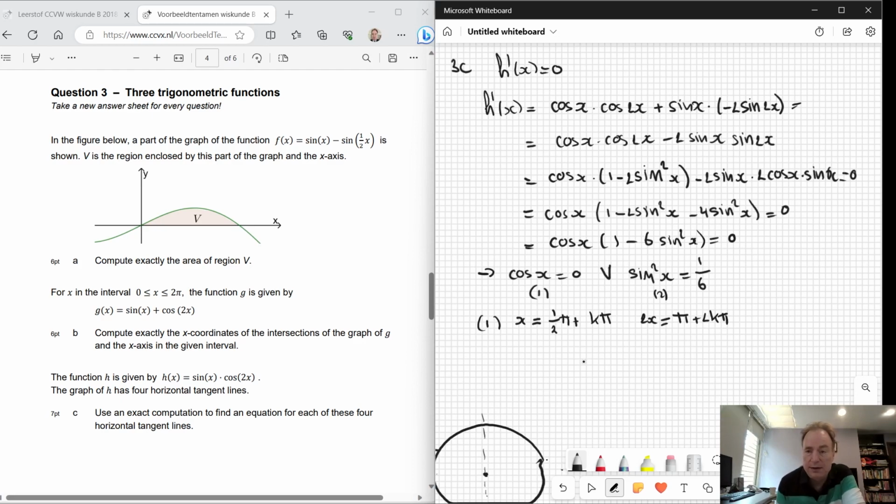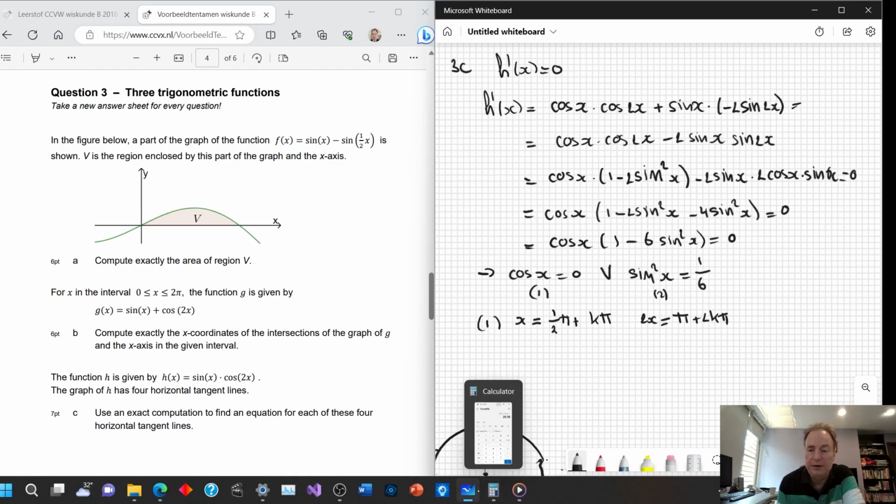And the cosine of 2x, no, I was wrong, your cosine will be -1 for all values of k.